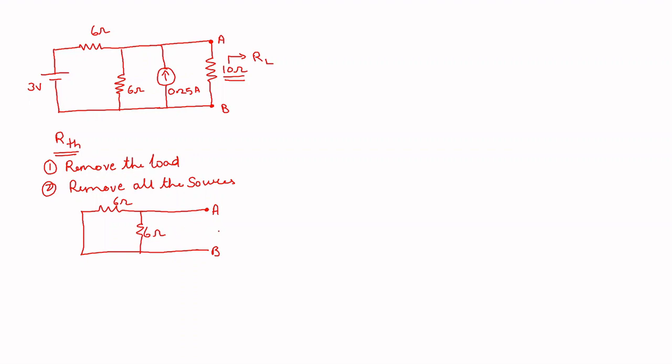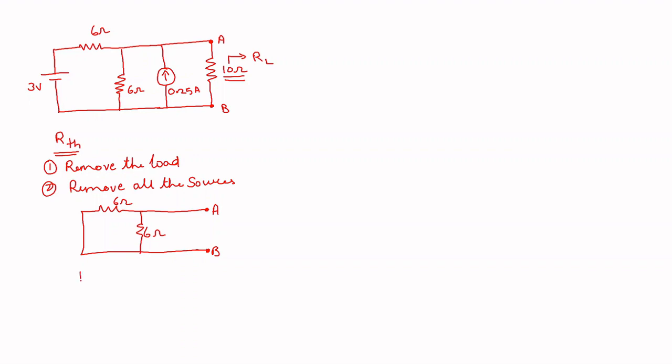Now please look into the entire circuit from the point of view of AB. What is the equivalent resistance across AB? If you look from A, you can see that if I travel here, the two 6 ohms resistances are in parallel.